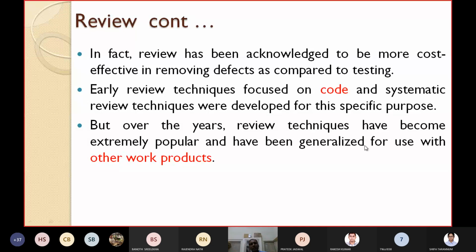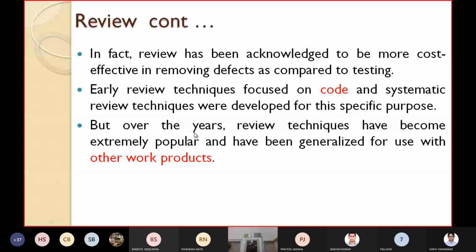In removing defects, review is effective as compared to testing. The early review techniques were focused on code, and systematic review techniques were developed for this specific purpose. That means previously review techniques were applied only on code.